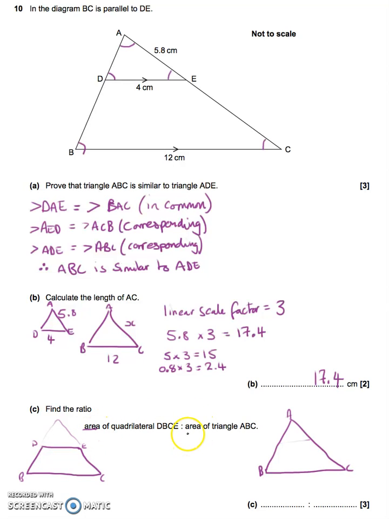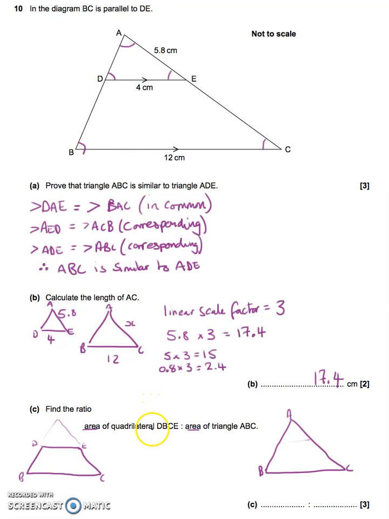Okay, so we know the linear scale factor to be 3. We worked that out in the previous question. Now, to work out an area scale factor, how many times the area of something is, we can't work out the area of these shapes. We've got no perpendicular heights for the trapezium or for the triangle, so we can't work out what their areas are.